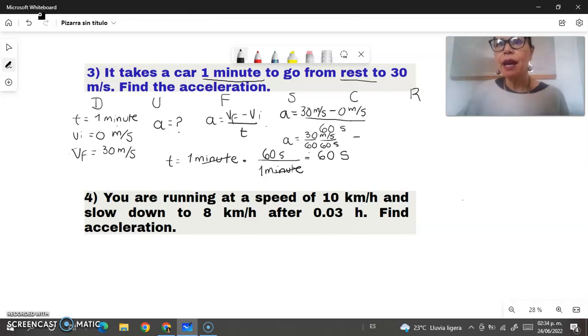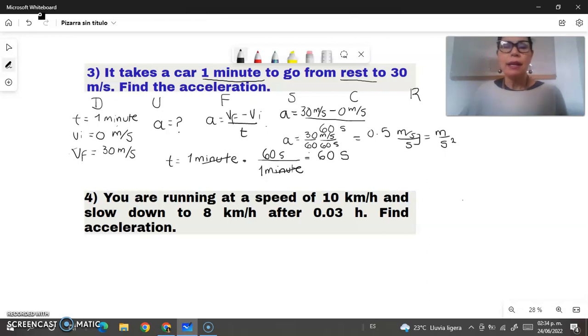With the calculator or by hand, you can divide 30 by 60, and it gives 0.5 meters per second over second. Now, guys, as you can see, in the bottom terms we multiply second times second, and we have meters over second squared. This is the reason why in the acceleration the time is squared.